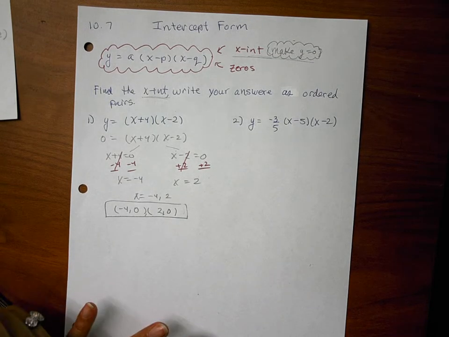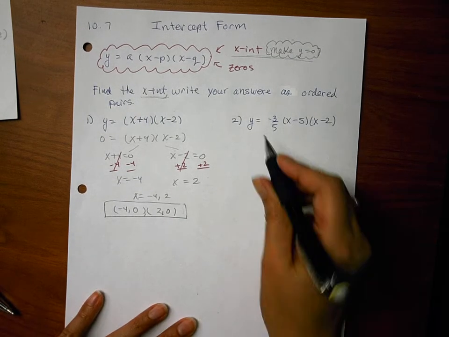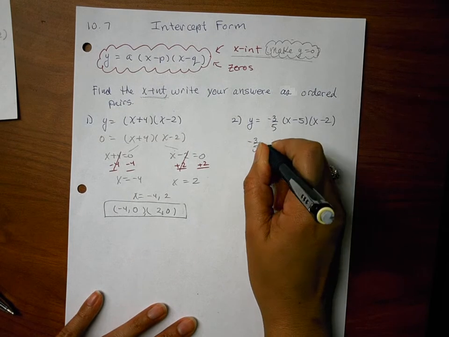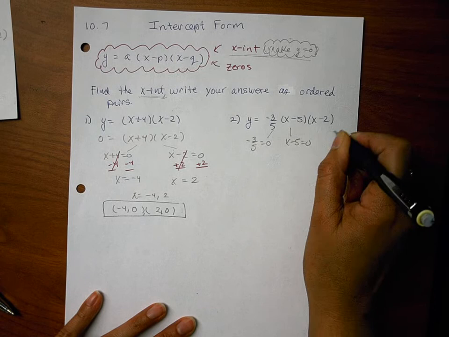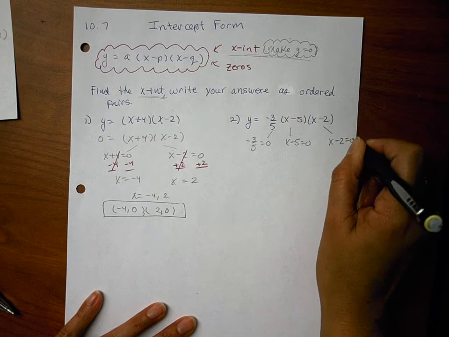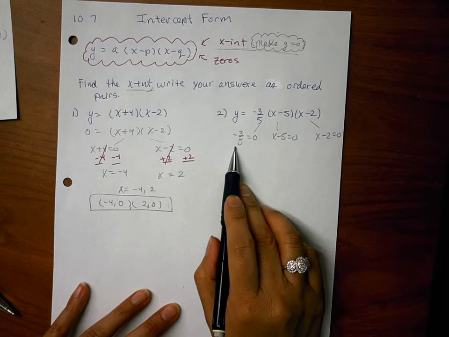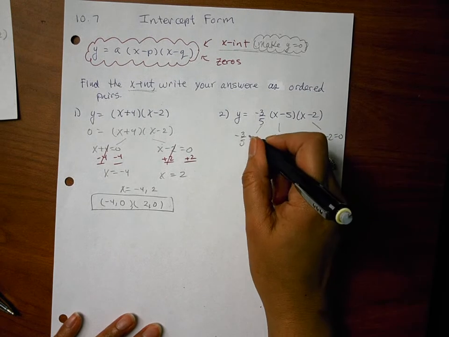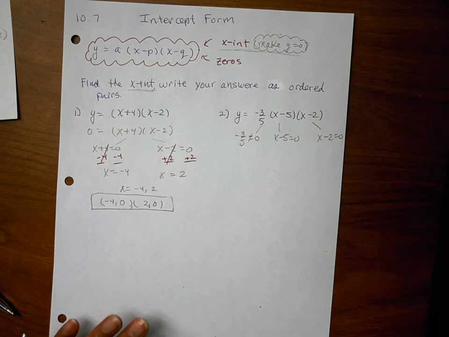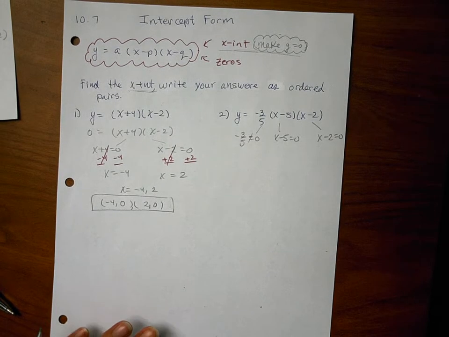Okay, zero product property. 3 factors: negative 3/5 equals 0, x minus 5 equals 0, and x minus 2 equals 0. All right, negative 3/5 by itself cannot equal 0. There's no variable there. There's no x. So a number by itself is never going to equal 0.